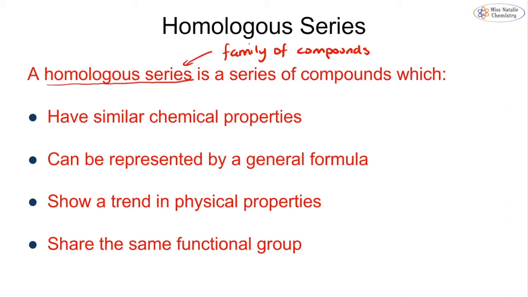So a homologous series is defined as a series of compounds that have similar chemical properties. They are represented by something known as a general formula, and we'll go into more detail about that soon. They also show a trend in their physical properties, and they share the same functional group. And when we're talking about a functional group, we mean something specific to that molecule that gives it its characteristics.